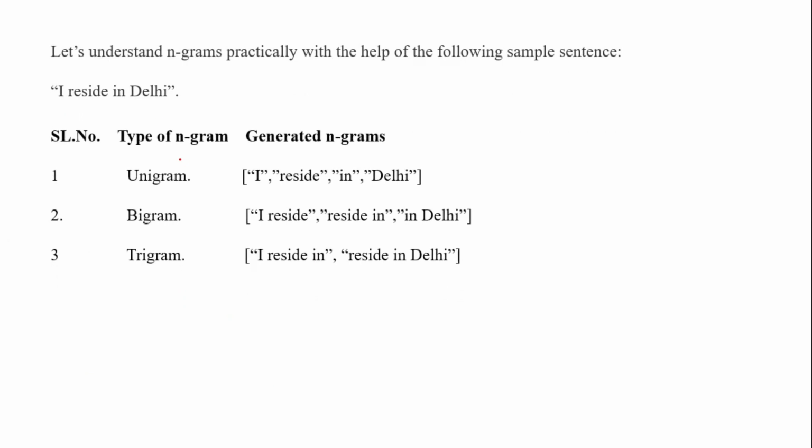For n equal to 1, the n-grams generated are single words. Uni is nothing but single. So you can represent unigrams like this. Whereas bigram means you find sequences of two words. Trigram is a sequence of three words.